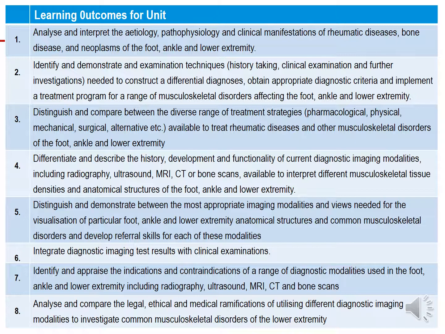So if they have a hip replacement, then they can't actually have an MRI. So there are certain indications and contraindications to each of these modalities, and you need to understand what the level of risk is. Also, there's a cost. So really, do you need that imaging technique? Is there a cheaper one that's going to be much more effective in assisting your diagnosis?